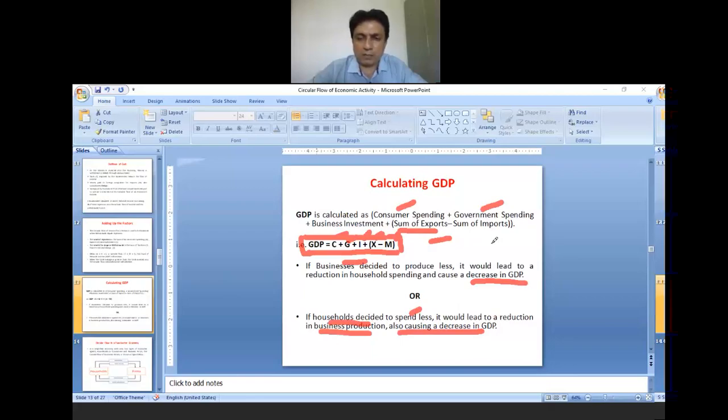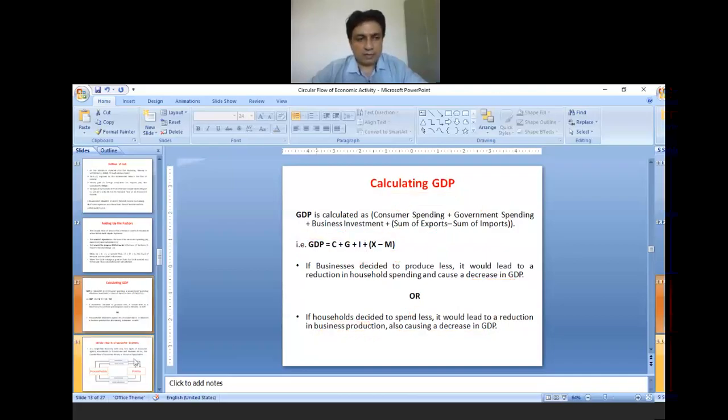The government's task is basically to manage these components, like managing the demand and supply of the product, and to make sure there is no lack of liquidity, no lack of money in the market. So basically the GDP is calculated by this formula. Moving on to the next slide.